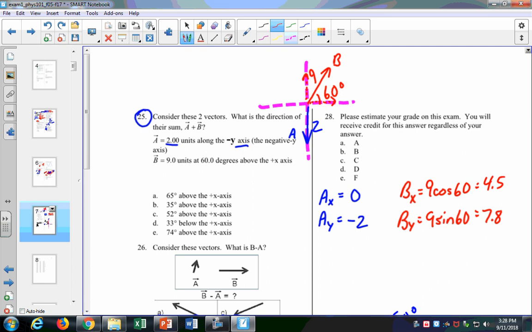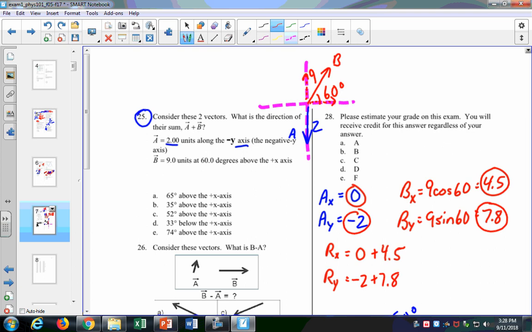Now I'm looking for the sum of these two vectors. So I'm looking for RX and RY. Those will be the components of the sum. It's going to be AX plus BX, 0 plus 4.5, and AY plus BY, negative 2 plus 7.8.